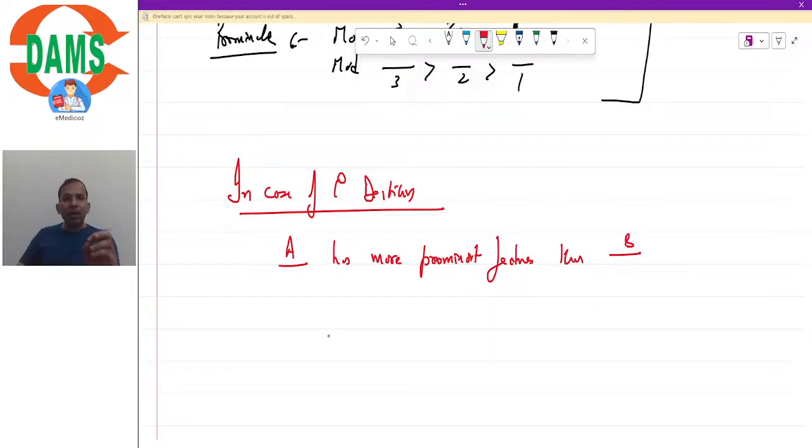So unlike permanent incisors, in the primary incisors, the central incisor has more prominent features than the lateral incisor. Here the size of the central is also greater, and the prominence is also greater.